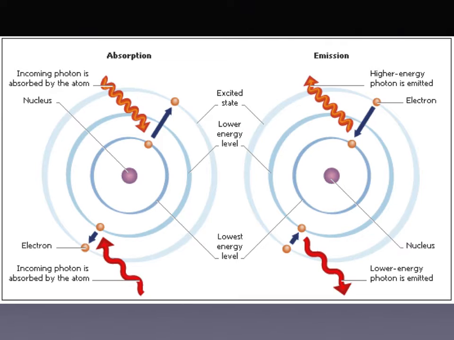In absorption, I have an incoming photon, it's absorbed by the atom, and as it's absorbed, we see a light. When it's emitted, you have an electron that's moving, and if it's moving down, a higher energy photon is emitted.